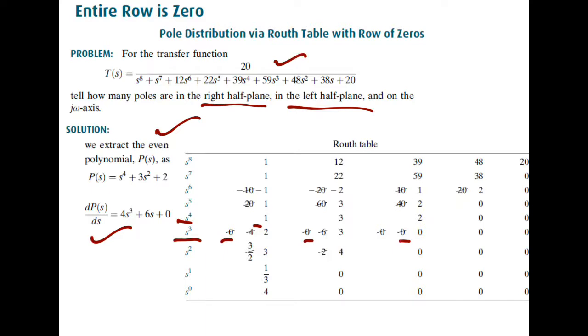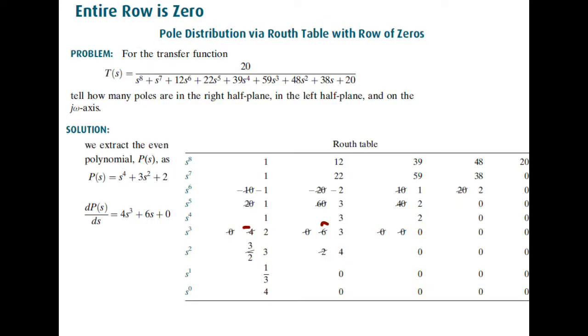Now we interpret this Routh table. We replace it in this S3 row with 4 and then 6, and then we multiply it by 1/2. We get this equation. Now we have to interpret it.